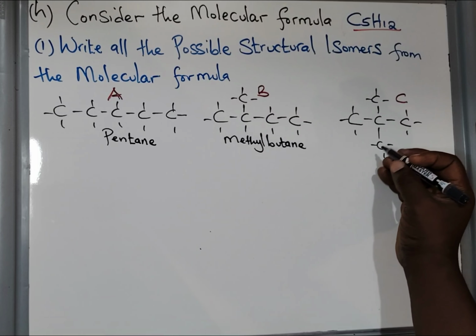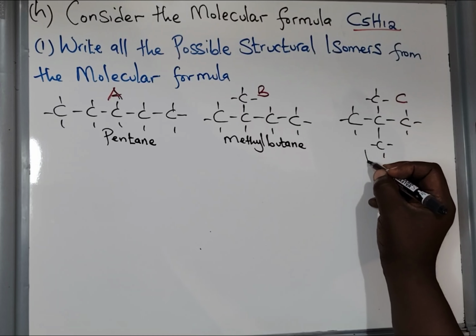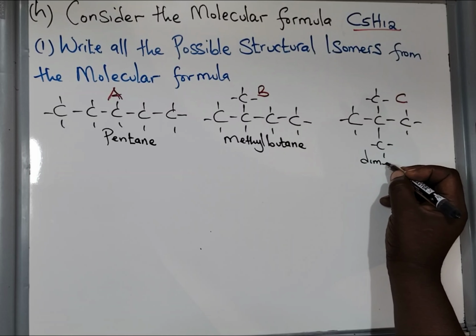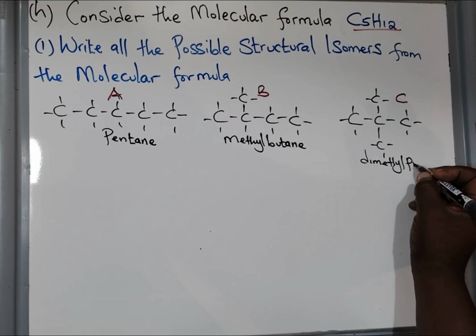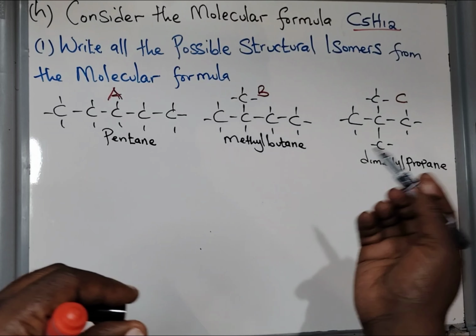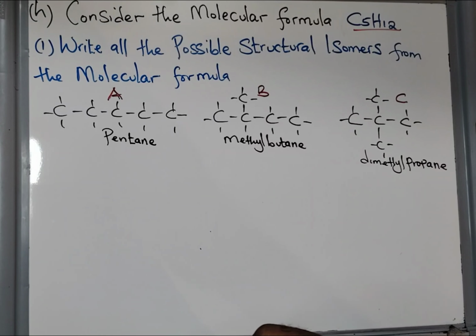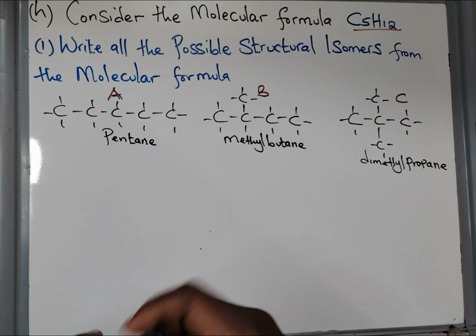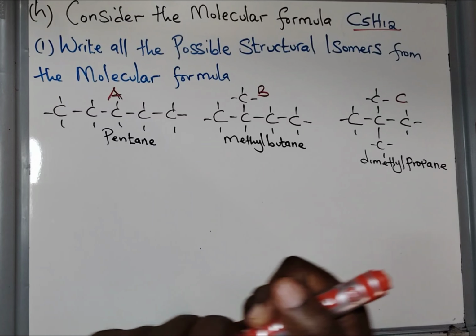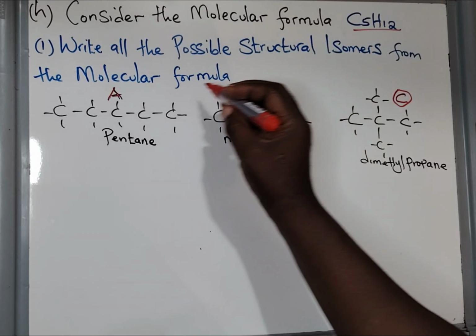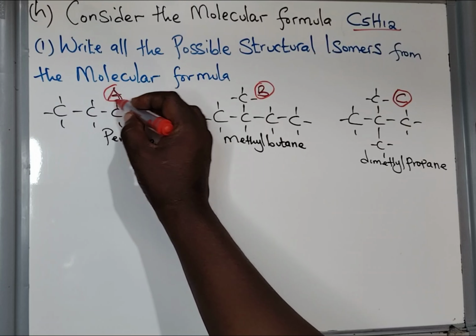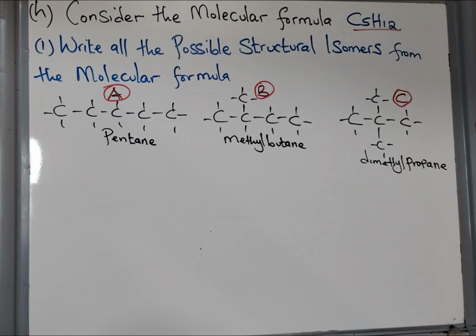Then we can also have this one as dimethylpropane. We are ignoring the numbers for the same reason. There is no other possible position. Like I said before, if there is no other possible position, you can ignore the numbers.